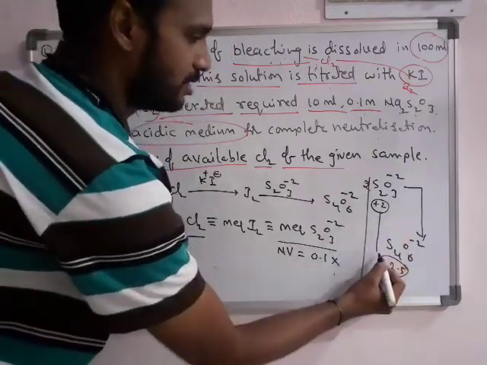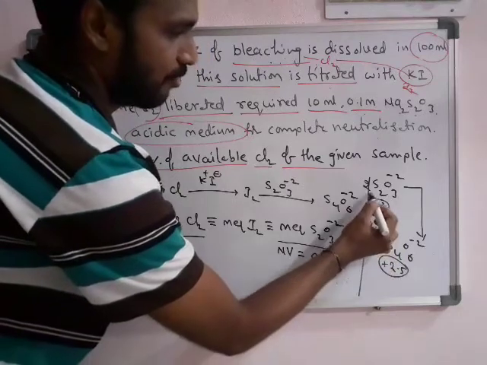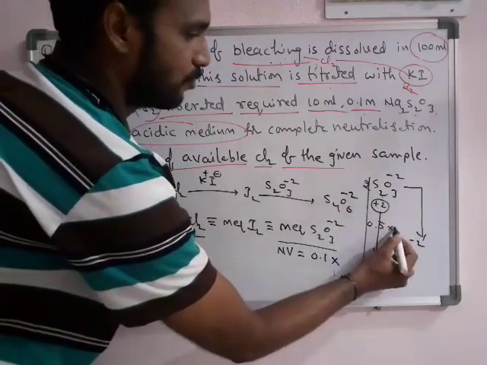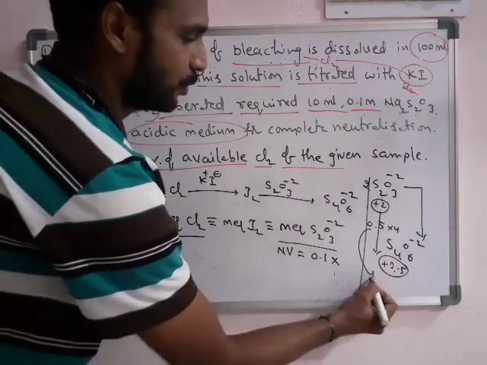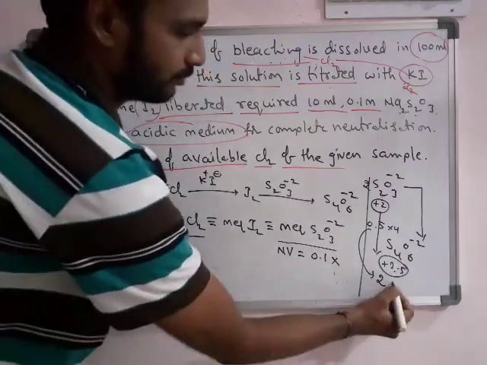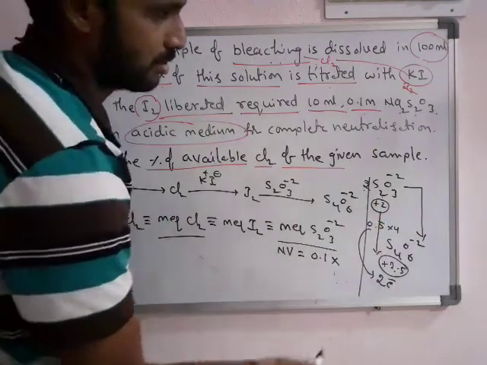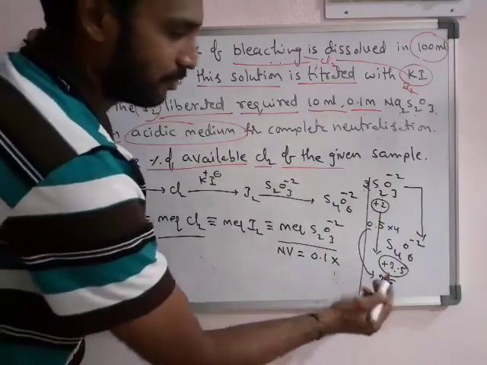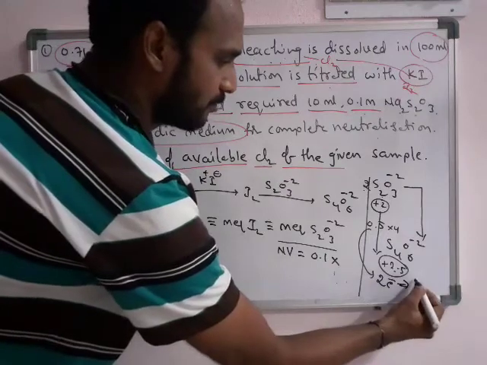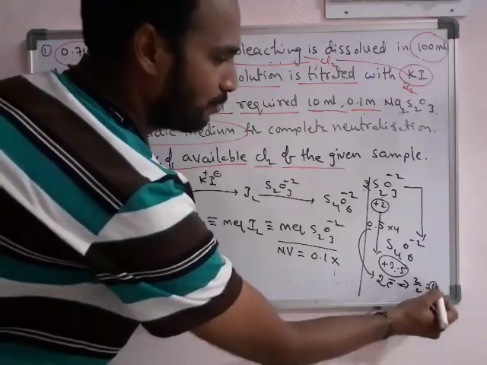So the change is 0.5, for how many sulfurs? 4 sulfurs. In total the change is 2, so 2 electrons. But it is for 2 moles. We need to calculate it for 1 mole. So 2 by 2 equals 1. So this is for 1 mole.